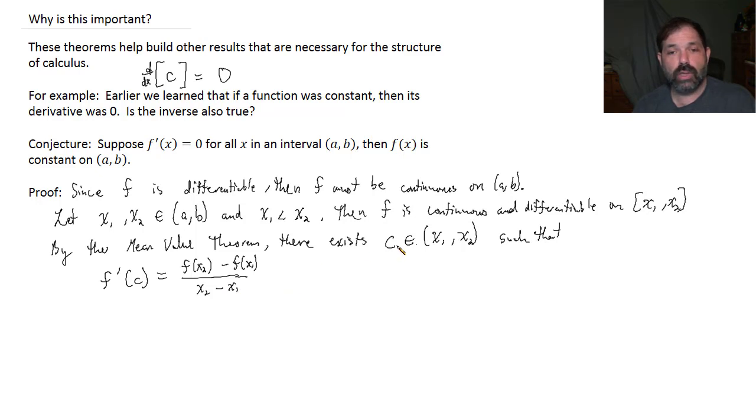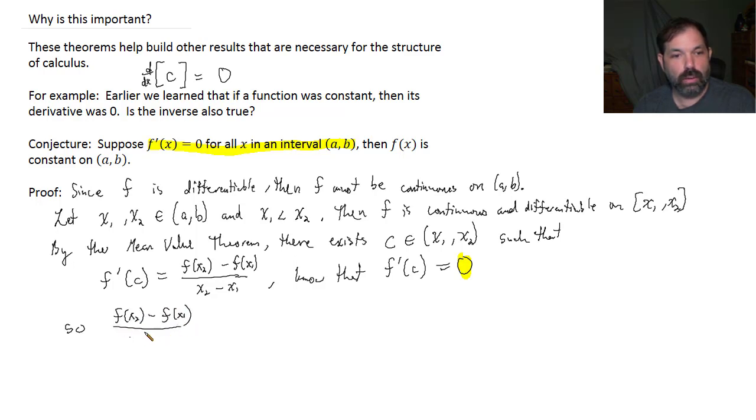Now, c is on the interval x1, x2, but that interval is within a to b, so we know that f prime at c must equal 0, because we were told that f prime of x is 0 for all x in the interval. So f of x2 minus f of x1 over x2 minus x1 must equal 0.